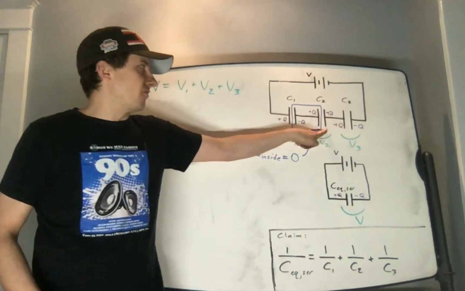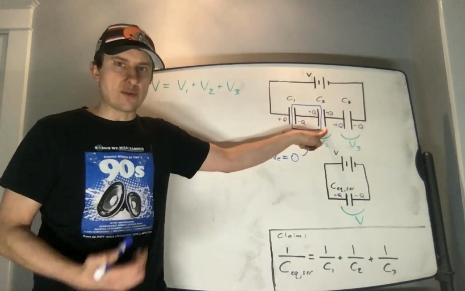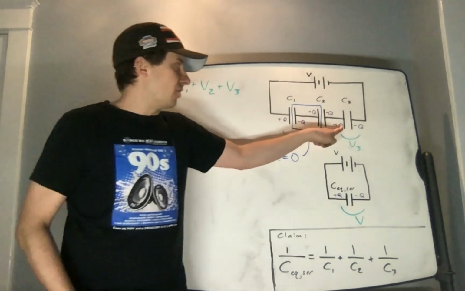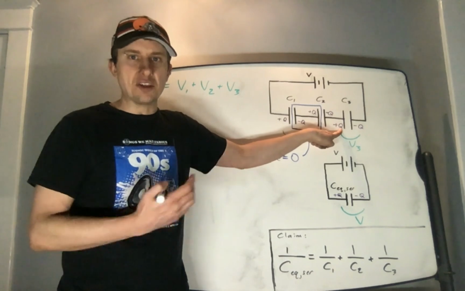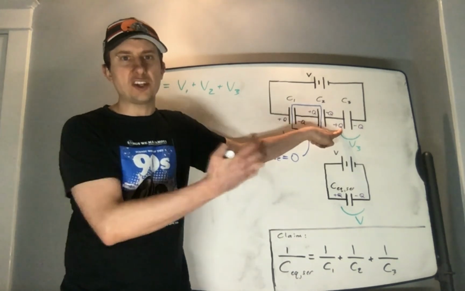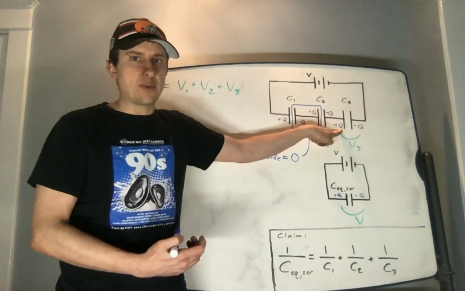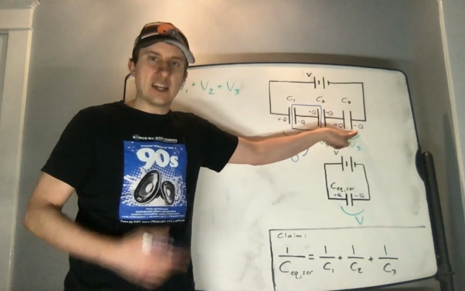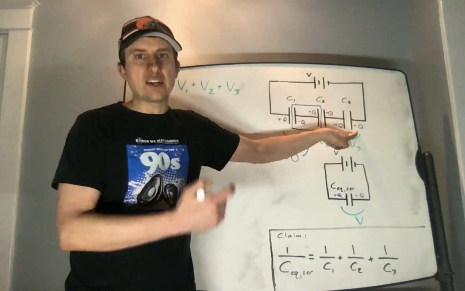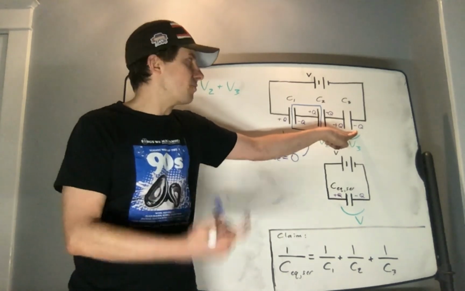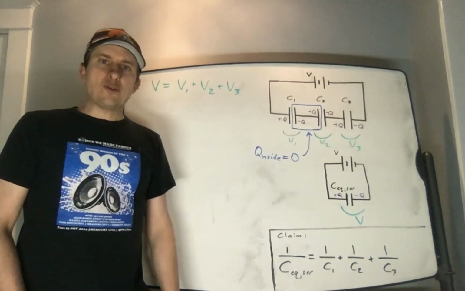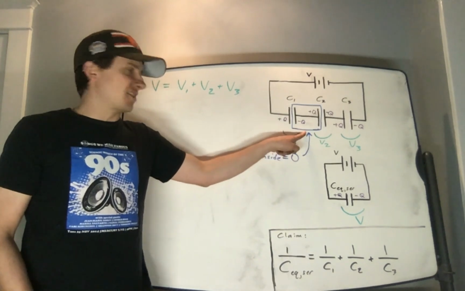Again, because a whole bunch of negative charges have moved to the right plate of capacitor 2, the left plate of capacitor 3 will be left with an overall charge of plus Q on it. This plus Q charge on the left plate of capacitor 3 will attract an overall amount of charge of minus Q to accumulate on the right plate of capacitor 3. Remember that the total charge within this box is 0.